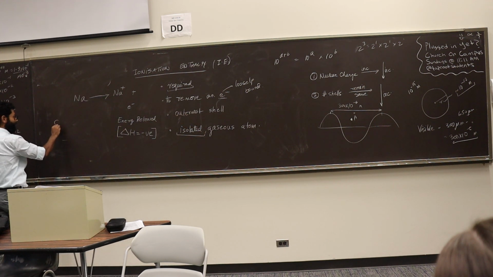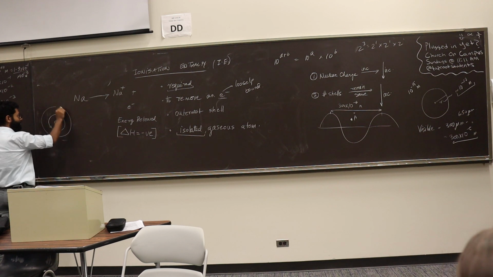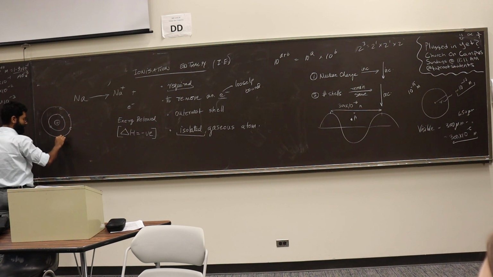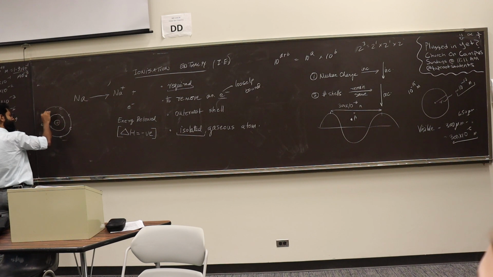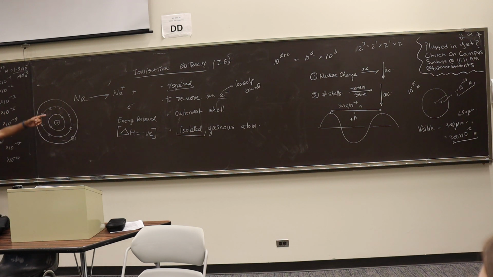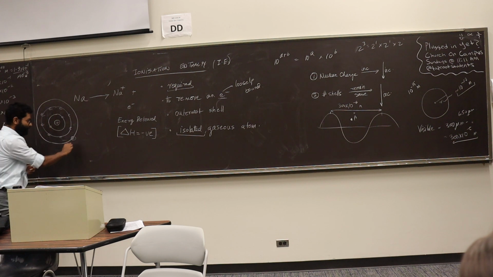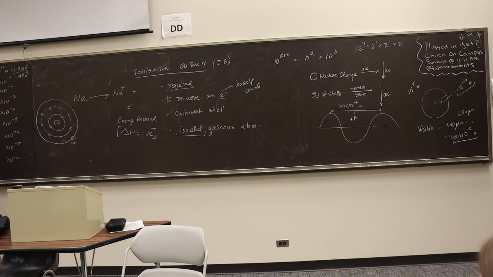So sodium, which might have 11 protons here, will have 2 electrons, eight electrons, and 1 electron here. Which electron is getting pulled out? This one, because it has to come from the outermost shell. It has to be this one, from the outermost.